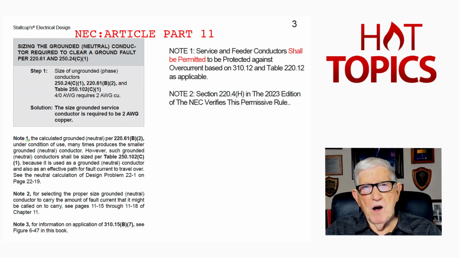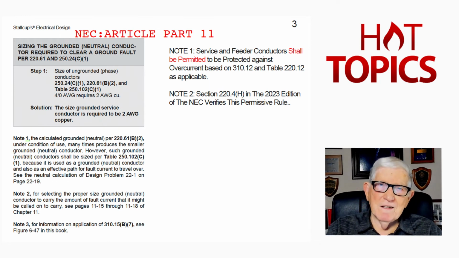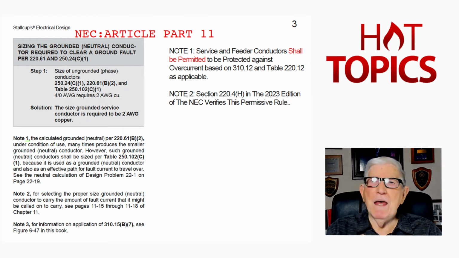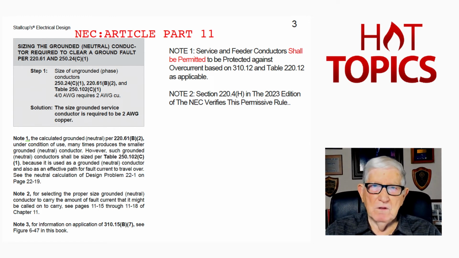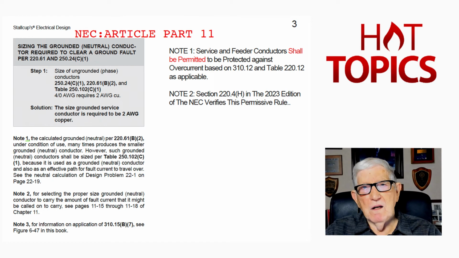Now, here's the problem. In the new 220.4(H), it says you can protect these conductors at the ampacity of table 310.12. Now see, in the past, what we did as designers, we would take a 225 amp main for the 223 amps, and we would put that on a 3-aught conductor instead of a 4-aught, and most inspectors and designing engineers and electricians accepted that concept.